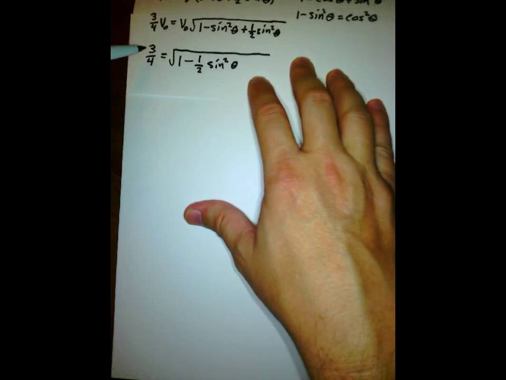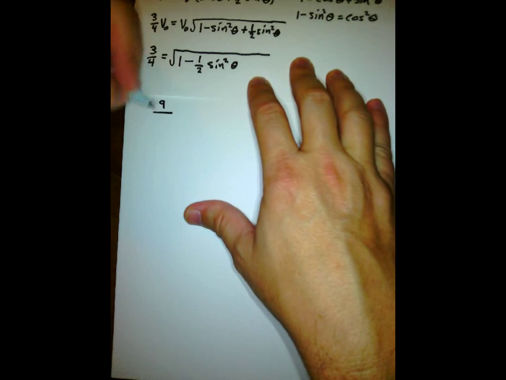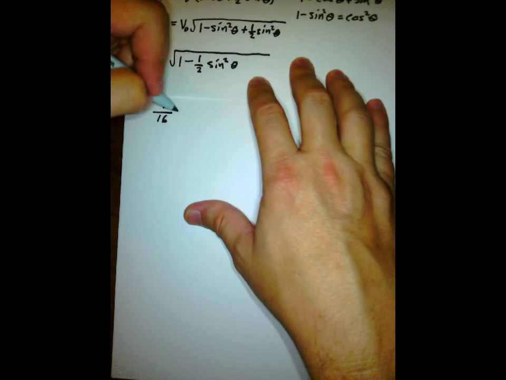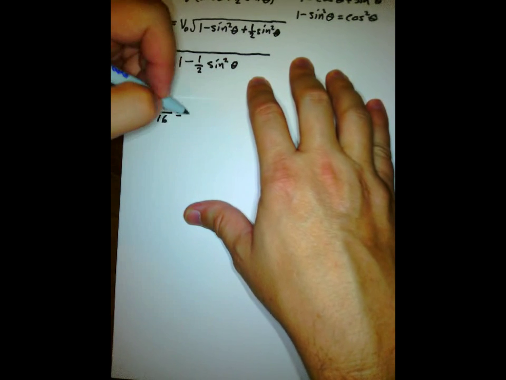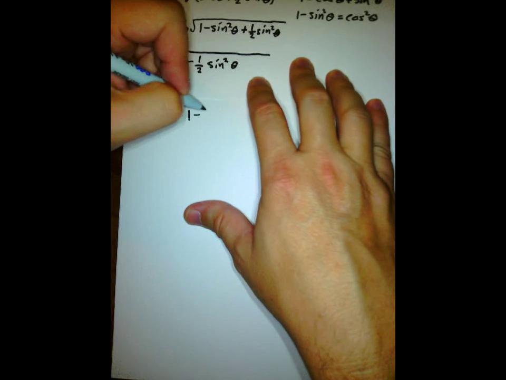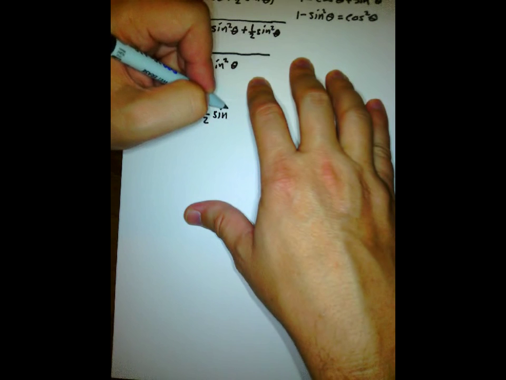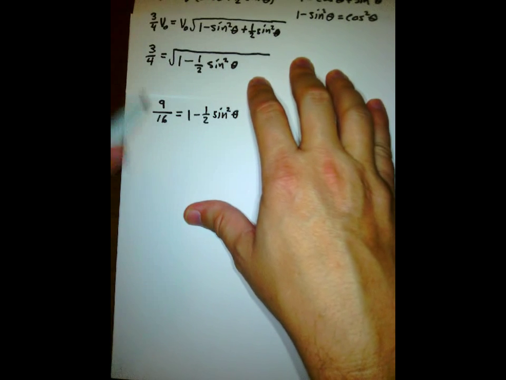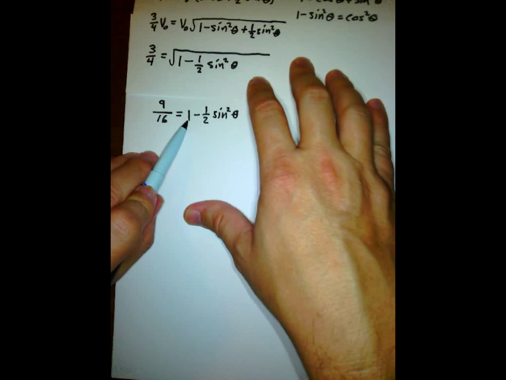If we square both sides, we get rid of the square root symbol there. So square the left side, I get 3 times 3 is 9, 4 times 4 is 16. And over here, the square root sign just goes away. So I've got 1 minus 1/2 sine squared theta.